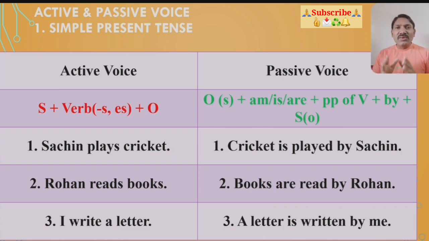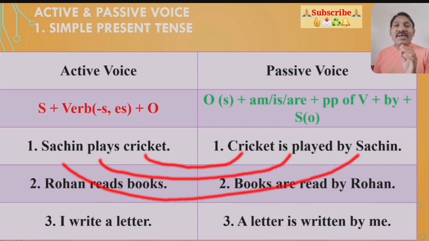Now see, student, first example: Sachin plays cricket. This sentence clearly shows that it is from the simple present tense. So what will be the passive voice? In passive voice, the object of the active sentence will be the subject. Cricket is the object here, so now cricket will be the subject in passive voice. The verb plays is in simple present tense, so we will take am, is, are.